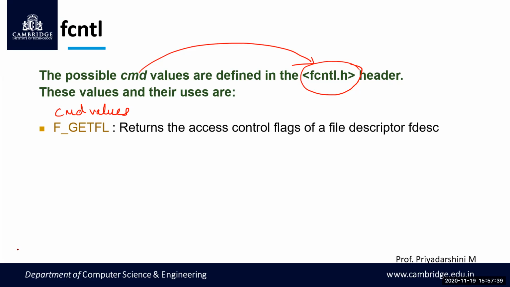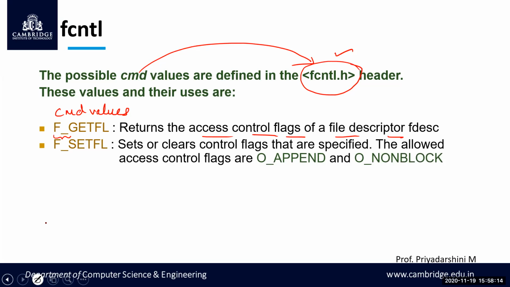If you write F_GETFL, it is compulsory to use the F_ prefix, because these are all macros defined that way in fcntl.h. Otherwise you will get an error, as it will not be recognized by the system. So F_GETFL returns all the access control flags of the file descriptor. I can retrieve what flags are set for the file, and get to know what is set and what is not set.